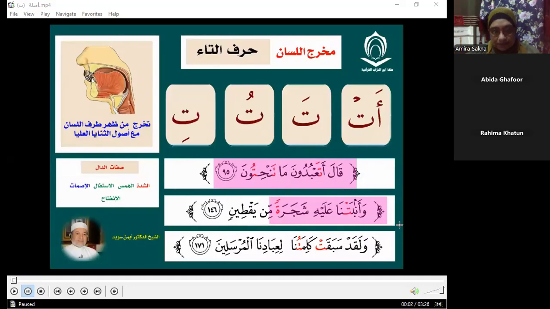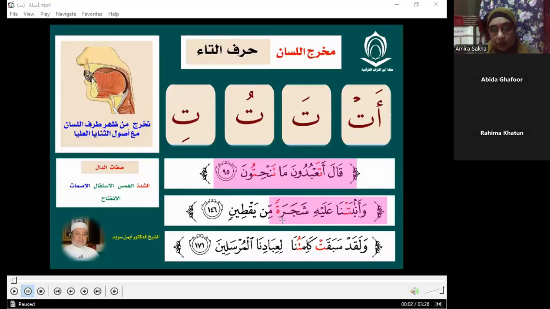Of course, if I stop here, the ta marbuta is going to be replaced by ha, and the tanween fatha will be replaced by sukun.